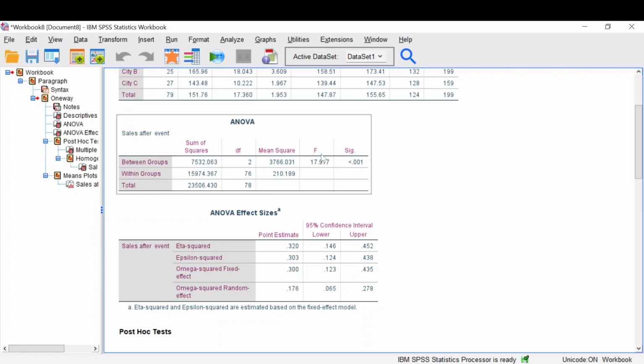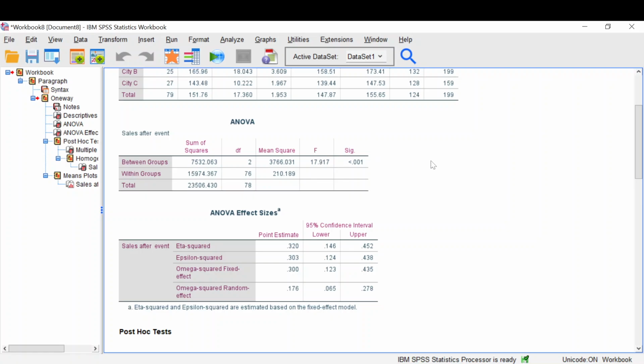Here, it's called the F value, or F ratio, or F statistic. It's the same thing as a t statistic. It just is the letter that is used in an ANOVA context. So it's still the difference between the means divided by the standard error of the mean. It's called F instead of T.